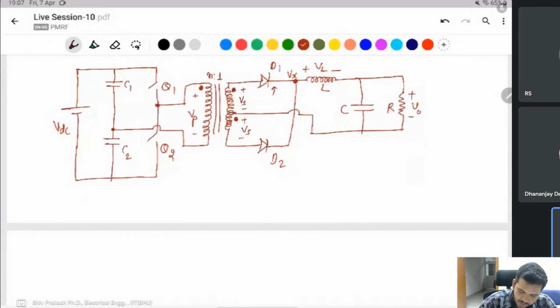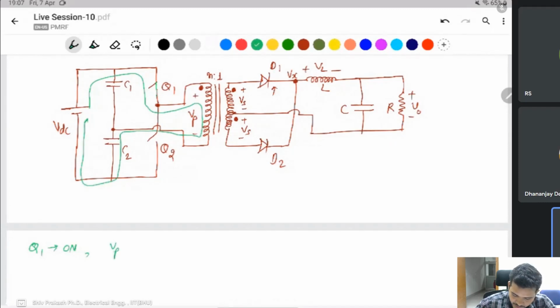Then what happens when Q is on? When Q, meaning switch Q1, is on, it's a closed circuit. The circuit behaves like this. Vp is VDC by 2.